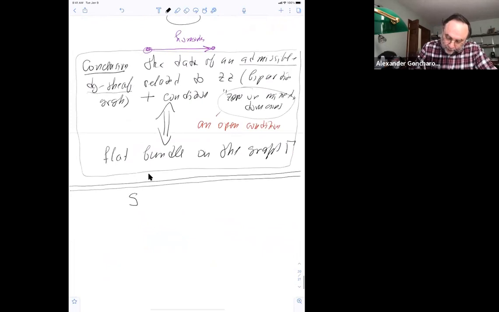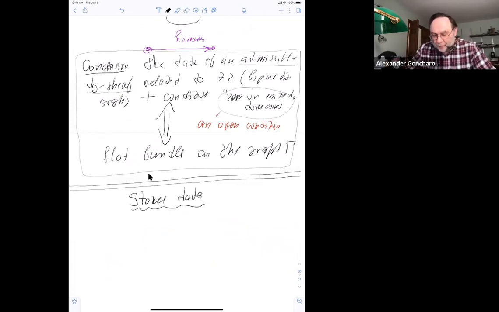Stokes data. My goal is to explain that the same thing happens with the moduli space of Stokes data, that they can be described using the same language.